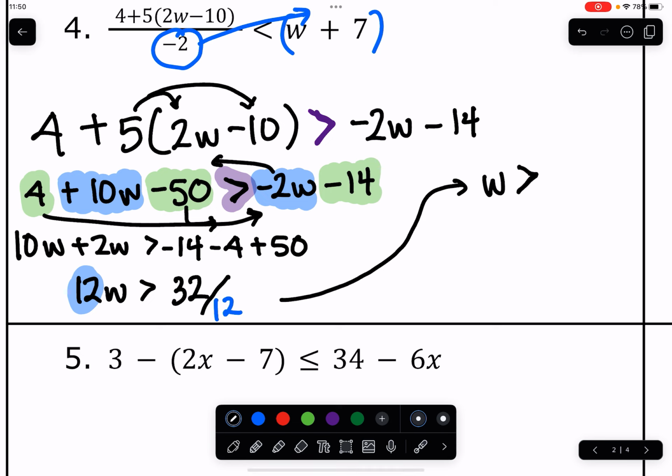Our inequality is still going to be pointing towards the right, greater than. And 32 divided by 12, well, that's going to give us a decimal of 2.66666, but we're going to convert that into a fraction. And let me show you how to do that with the 84.